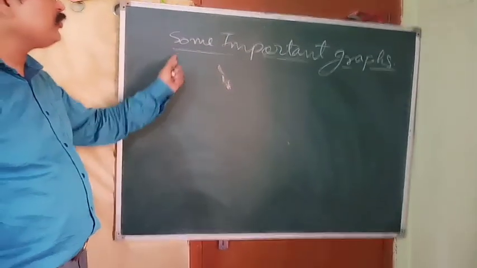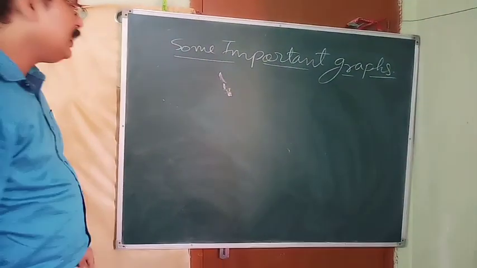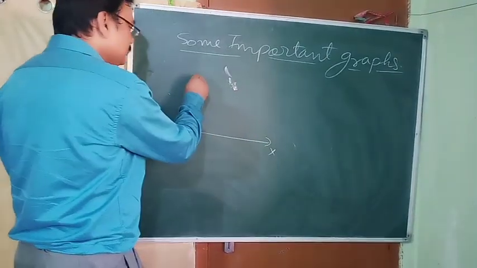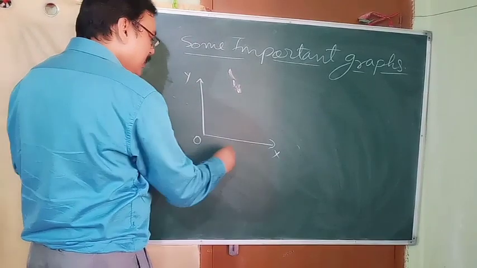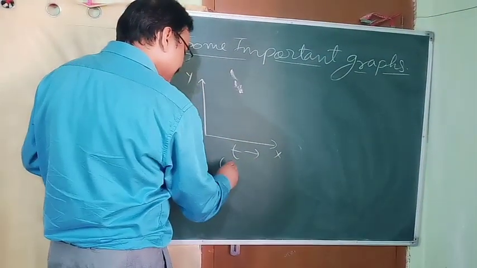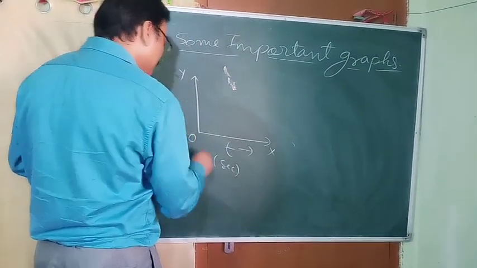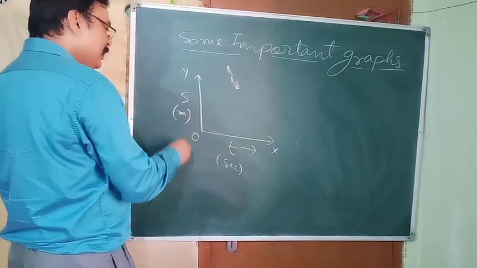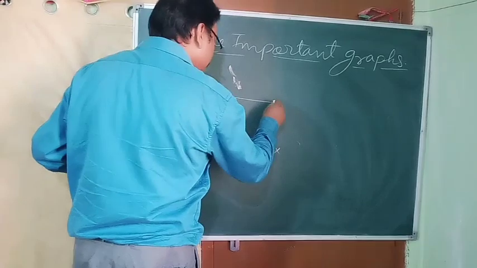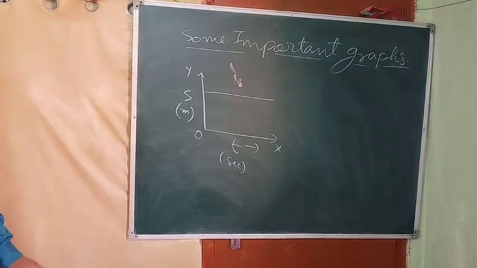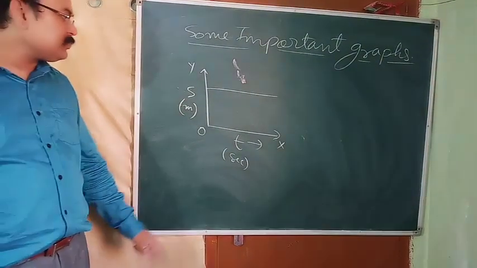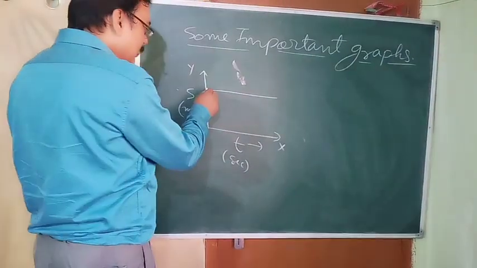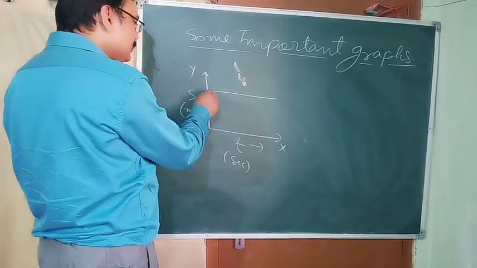Now see, we are going to discuss some important graphs. If you are drawing, this is the x-axis, this is the y-axis, this is the origin. You have taken your time in seconds, obviously, and here displacement in meter. Your graph is like this, which is parallel to the x-axis. So the question comes, what does this indicate? Suppose this is the 50 meter mark.